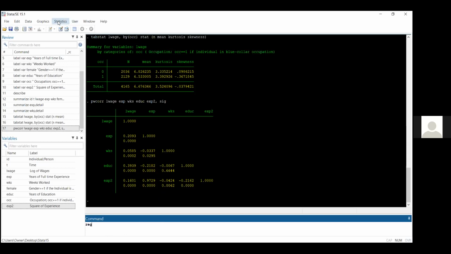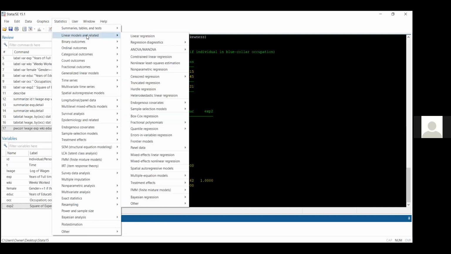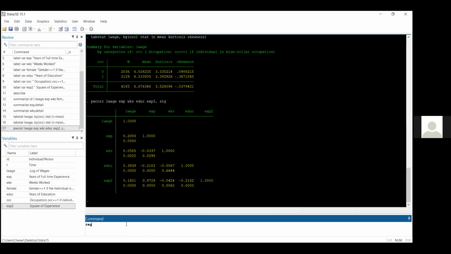You can of course come to Statistics, Linear Models, Regression. There are diagnostics here after you have done that, but come to linear regression. With regression, the first variable you place must be your outcome or dependent variable, which is log of wage.